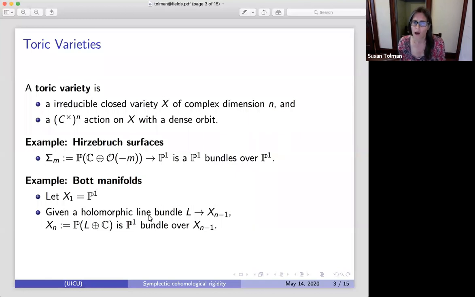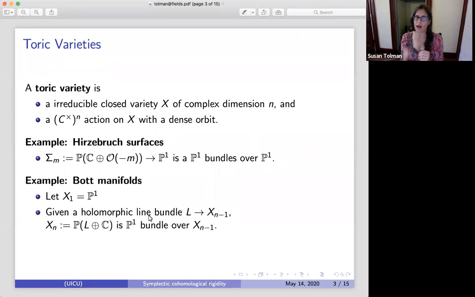Great. And another important example is Bott manifolds, sometimes called Bott towers, but anyway, I'm calling them Bott manifolds. So this is very similar. We start with P1, and then we're going to define it inductively. And generally the way you do it inductively is once you've defined X_{n-1}, you pick some equivariant holomorphic line bundle L over it.